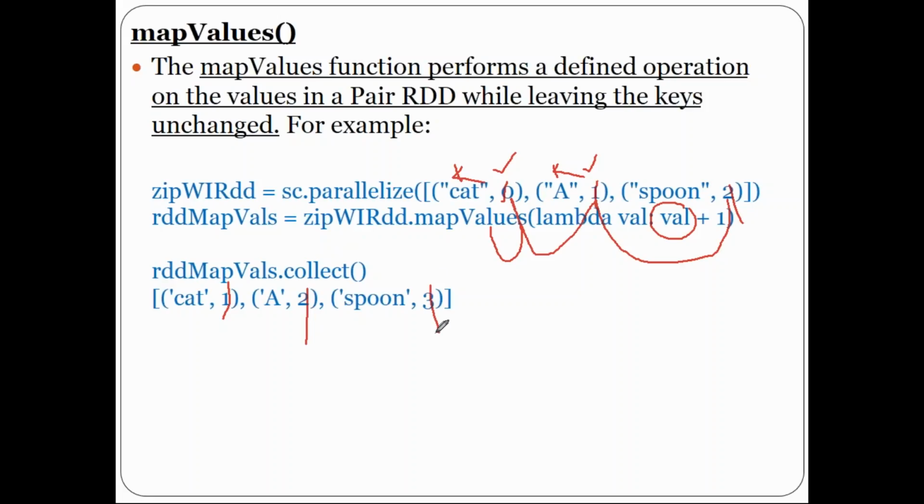That is map values. You can exchange key to value, value to key, and then apply plus 1. You cannot apply cat plus 1, you cannot apply a plus 1, you cannot apply spoon plus 1. But in situations where you have 1 comma 0 like that, you can change. I'll show you how you can change key to value, value to key, because in one of the scenarios they'll ask you to convert your key into values and then apply the transformation on top of it. That we'll discuss when we do the problem solving scenarios part.